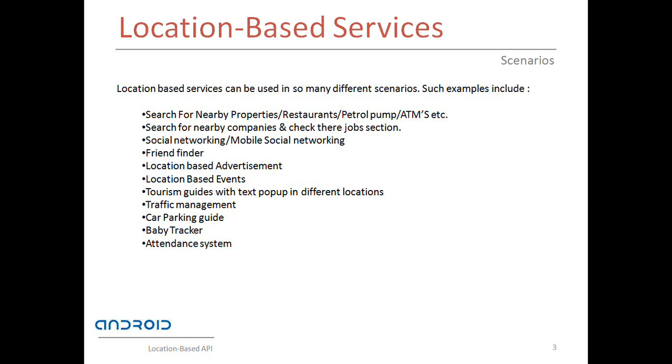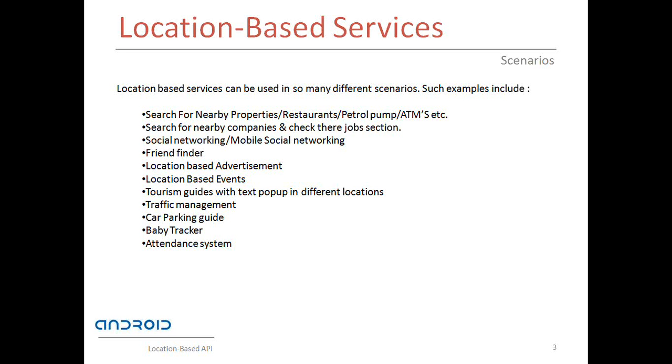That means the employee can tag that he is currently in the organization, or the system can automatically track the location of the employee, whether he is in the premises of the company or not. So these were the examples of location-based services.